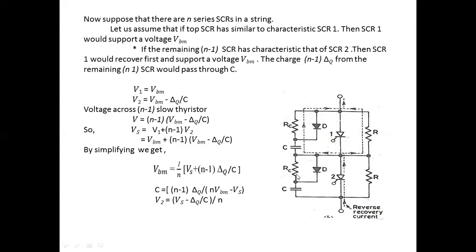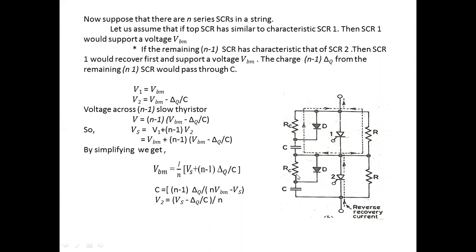Once it is turned on, the interval between the turn on and turn off time is very high. Therefore, under these conditions, we prefer the static voltage equalizing circuit.